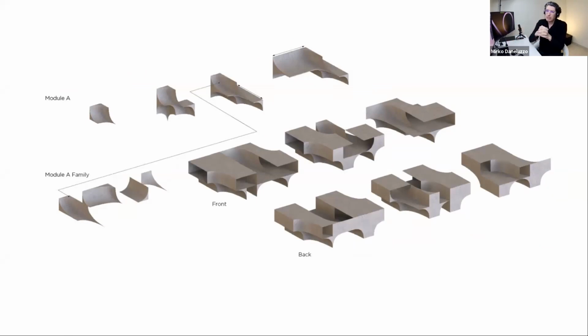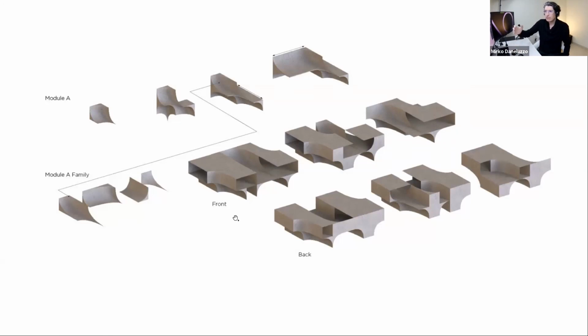So, for instance, in this case you see the module taken from the original one, and then we try to stretch it in specific directions, using simple mathematical transformations like scaling processes to generate a second level of modules. As you can see, the module A family is now these four elements. Through the combination of these four elements, we started to play around and connect them, and this is what happened.